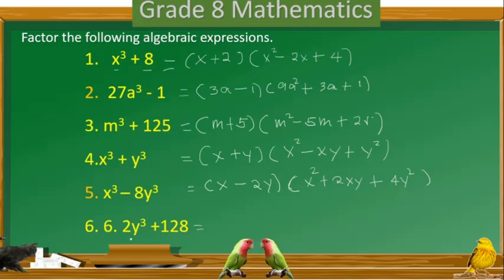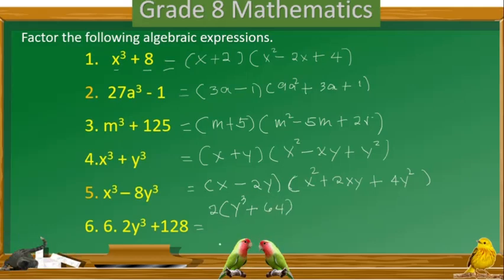We have to focus on the numerical numbers. So we have 2 and 128. What is the greatest common factor for 2 and 128? That is 2. Okay, 2y cubed divided by 2 is y cubed. Then copy the sign. Then 128 divided by 2 is 64.